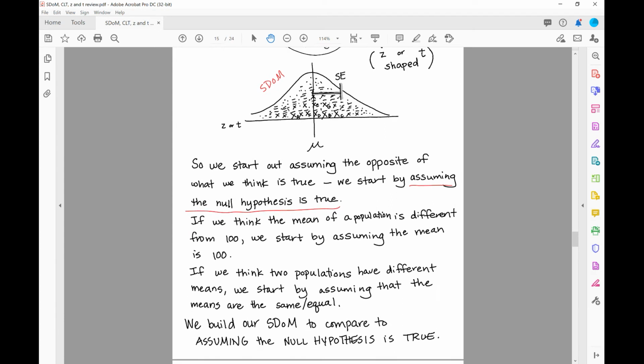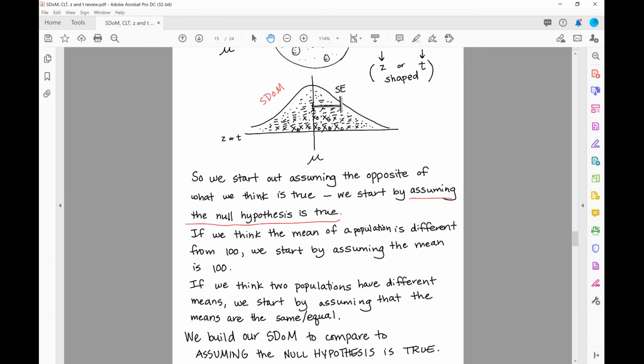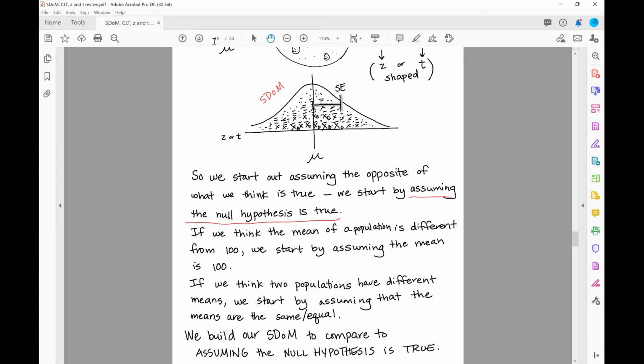So in other words, if we think the mean of a population is different from 100, that would be our alternative hypothesis. That's the one we really are interested in. We have to start by assuming the opposite. We start by assuming the mean is equal to 100.